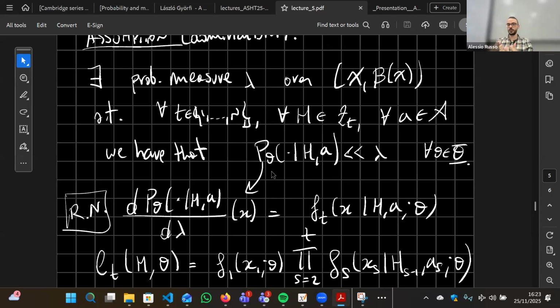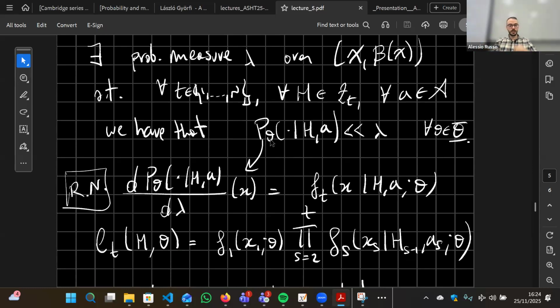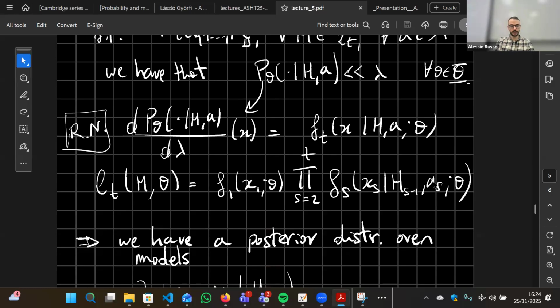For example, the Gaussian measure is dominated by the Lebesgue measure. Once we have this, we can define the Radon-Nikodym derivative, which gives us a density f. Then we can define the likelihood of a trajectory in terms of this density.